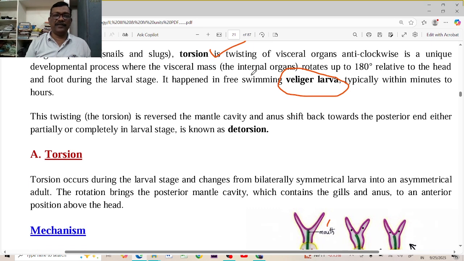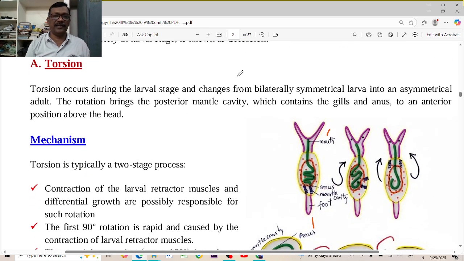In some of the slugs, during the embryonic development, the torsion takes place, but after some period of time they can come back. That is called the detorsion. They can make the body straight, in the original position. Then we will discuss first the torsion, and next we will go for the detorsion.